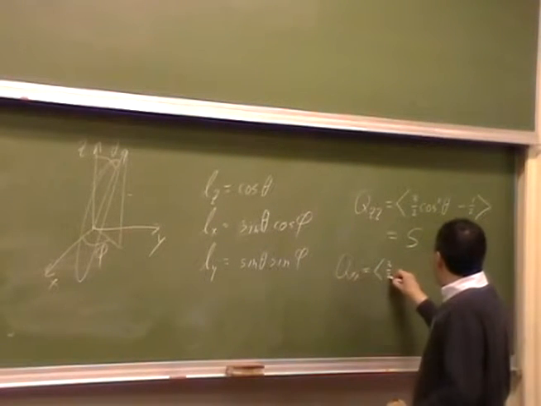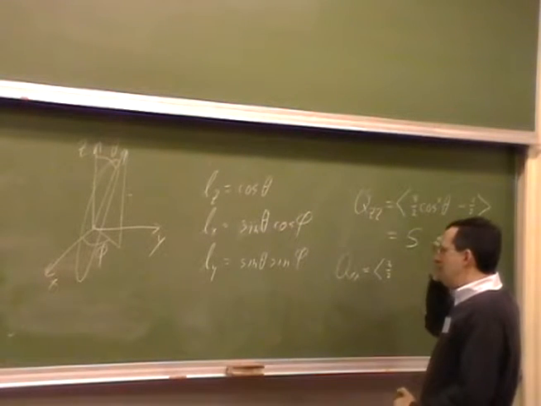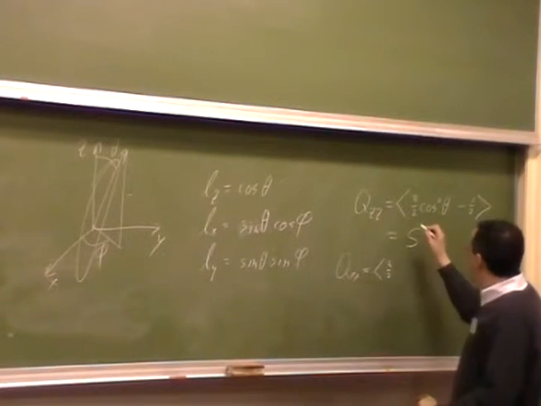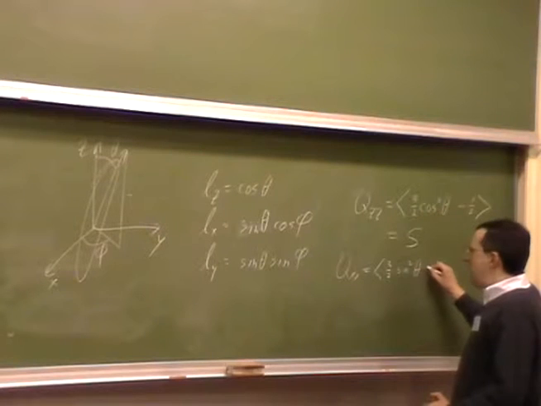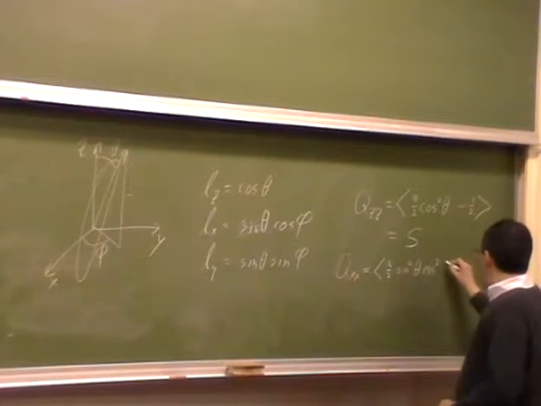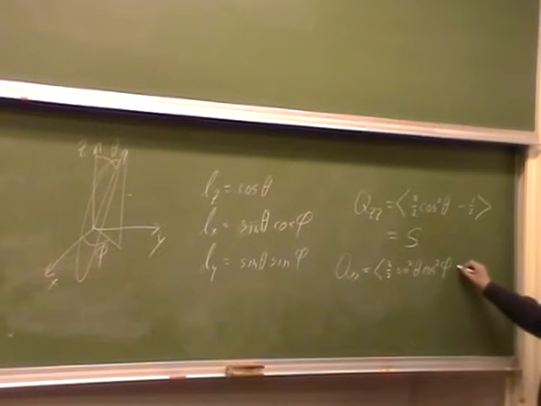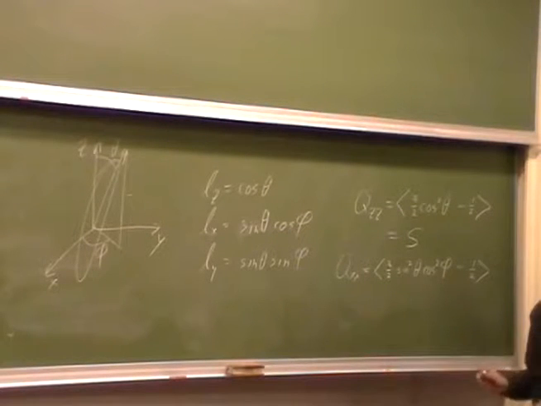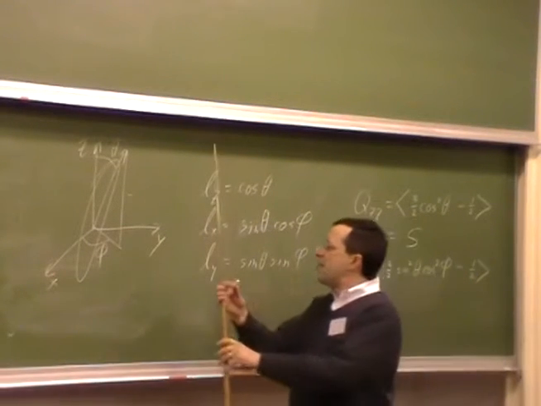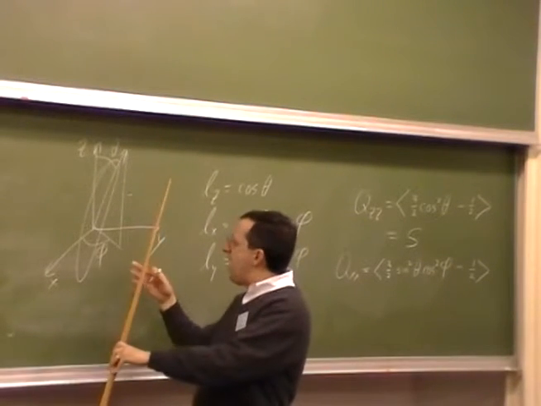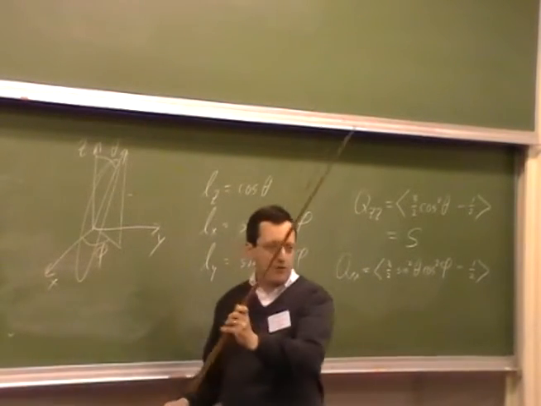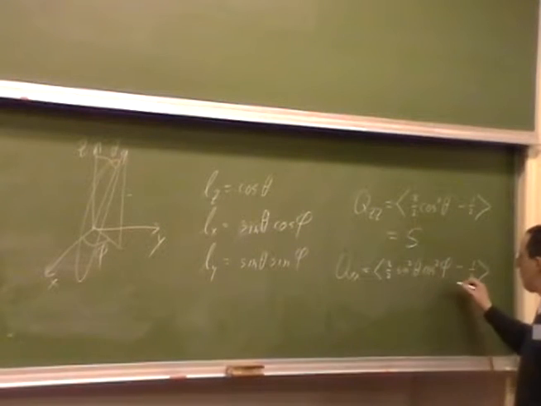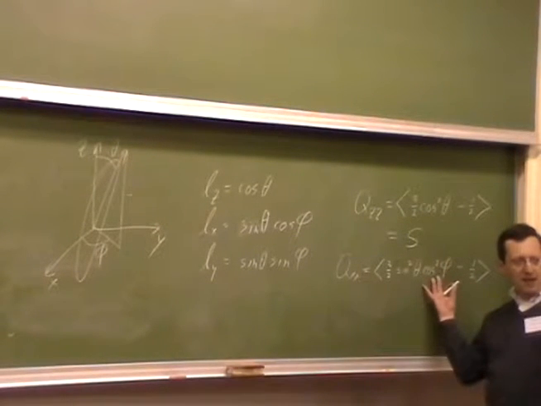QXX is the average of 3/2 sine squared theta cos squared phi minus a half. Okay? But when we're averaging, we're looking at a statistical distribution where phi could be anything. Phi is equally likely to be anything from 0 to 2 pi. So the average of cos squared phi is going to be a half.